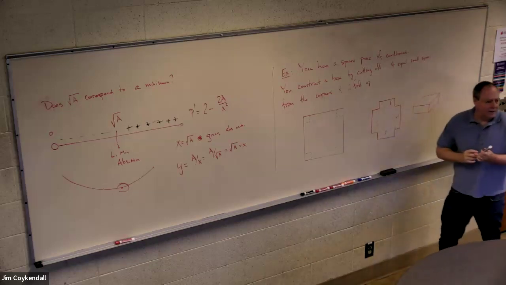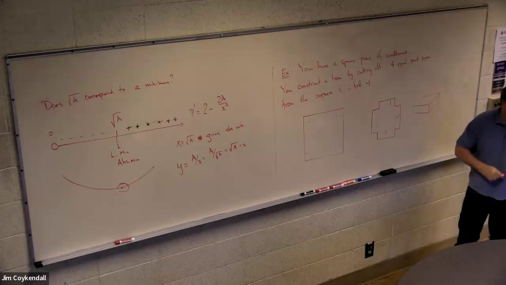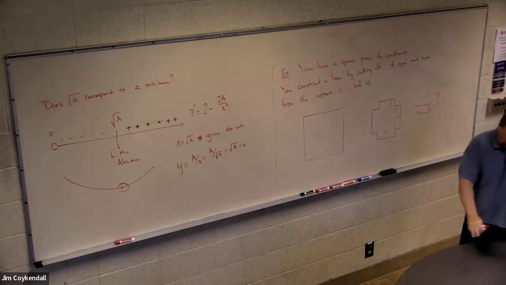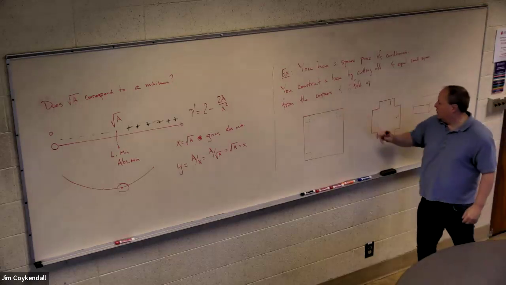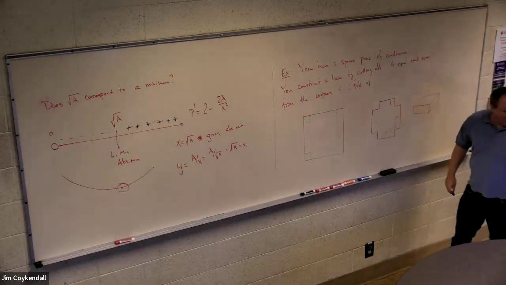You see what we're doing? It's like an art project, right? Maybe you work for Amazon, you get a square piece of cardboard, you cut these four corners out and you fold it up so it makes a box.